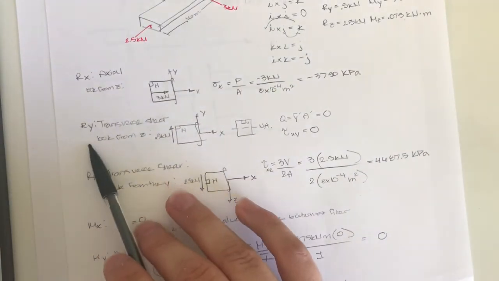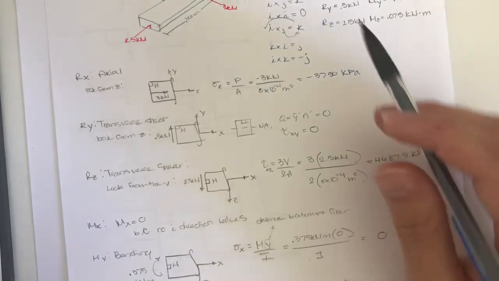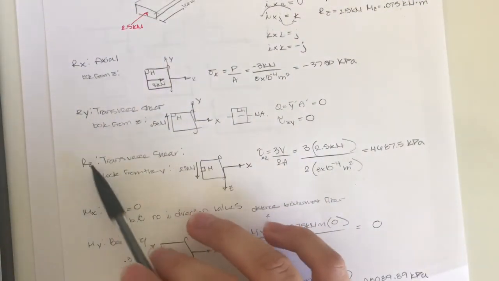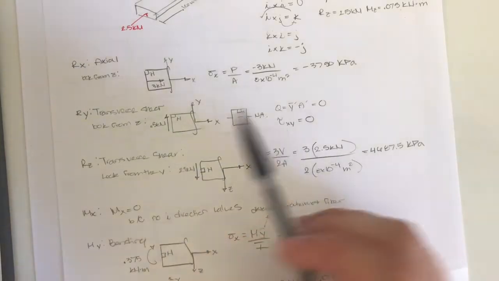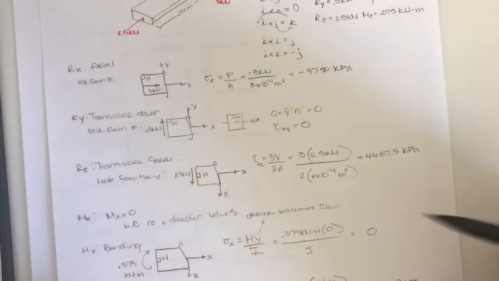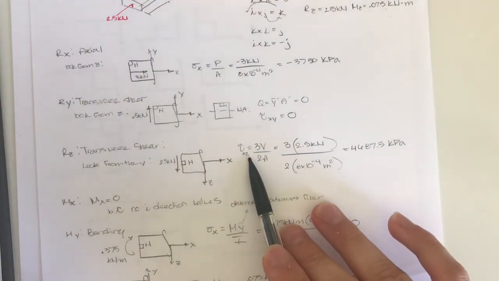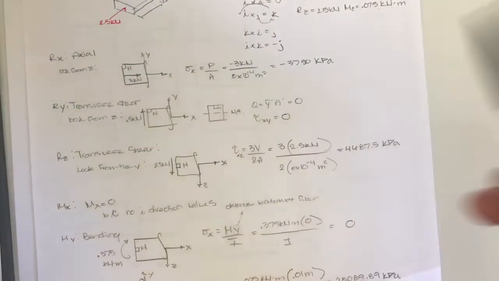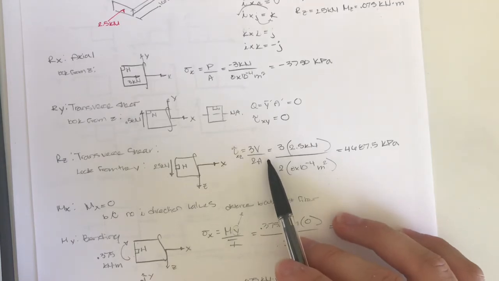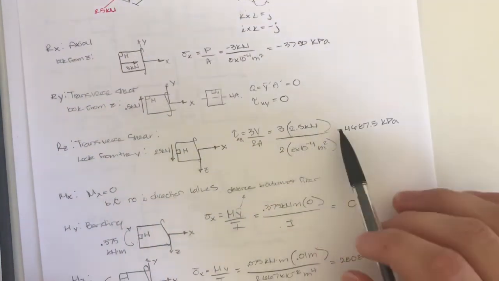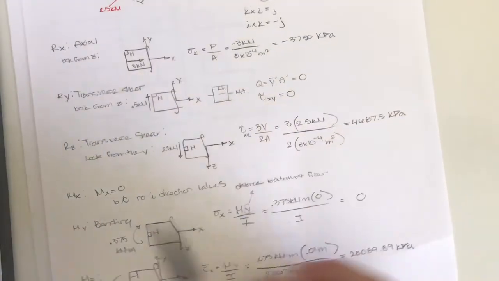We found that Ry, the transverse shear, is equal to 0 because there's no outward area at this point H. And Rz is the transverse shear as well, and we have to look from the Y this time. We found the cross-sectional shear stress to be 3V over 2A, and we plugged in there and found this value.